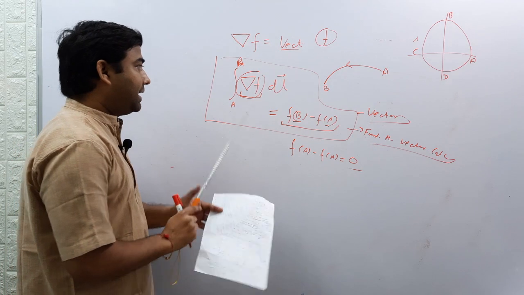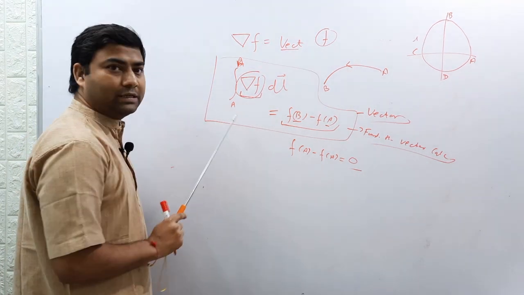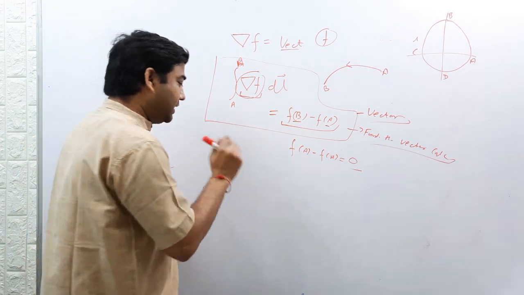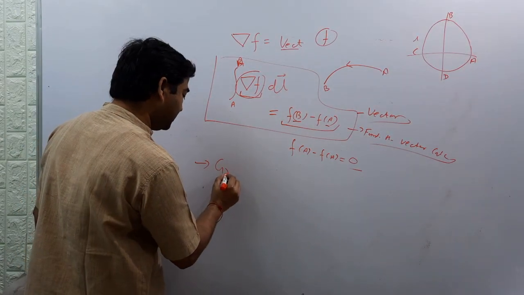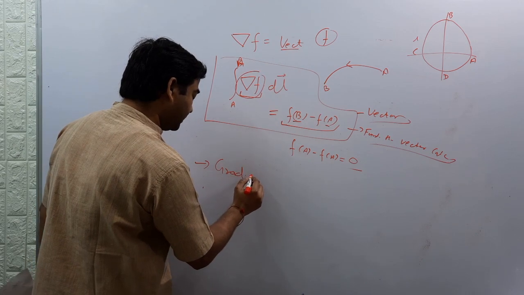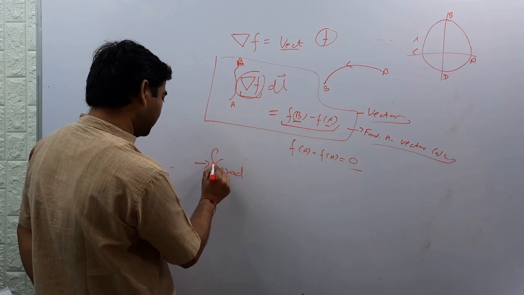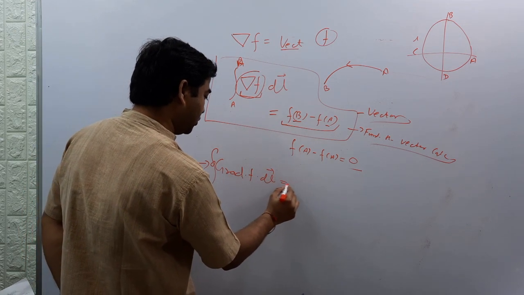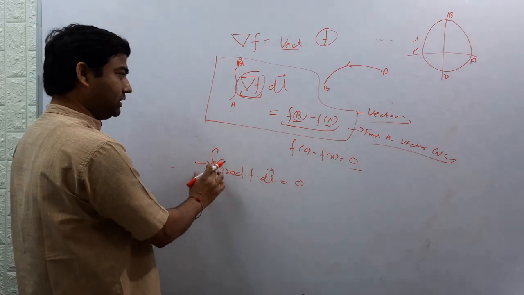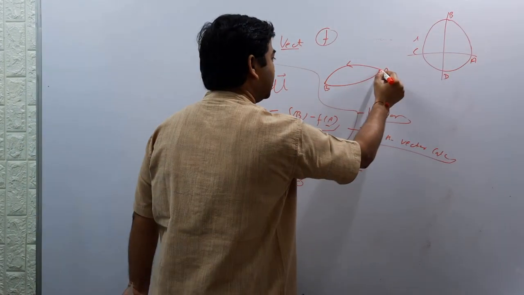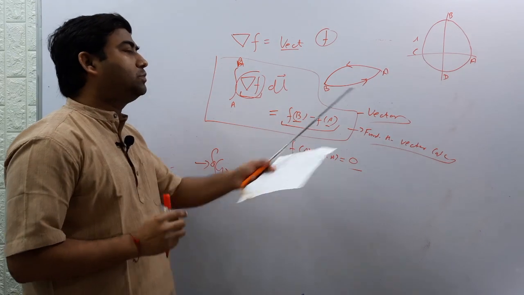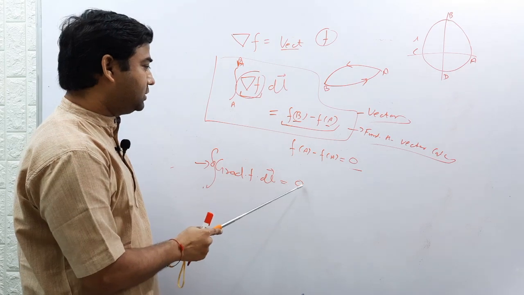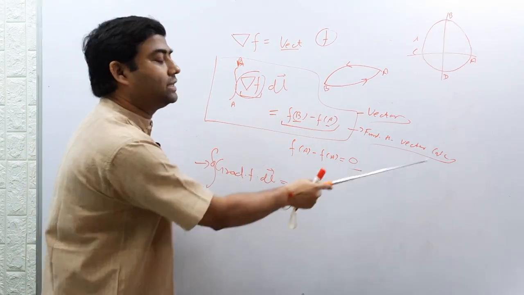Hence, the line integration of a gradient function is always 0 for a closed path. That means the circulation of a gradient is always 0. Circulation, that is for a closed path, line integration of a gradient function is always 0 by the fundamental theorem of vector calculus.